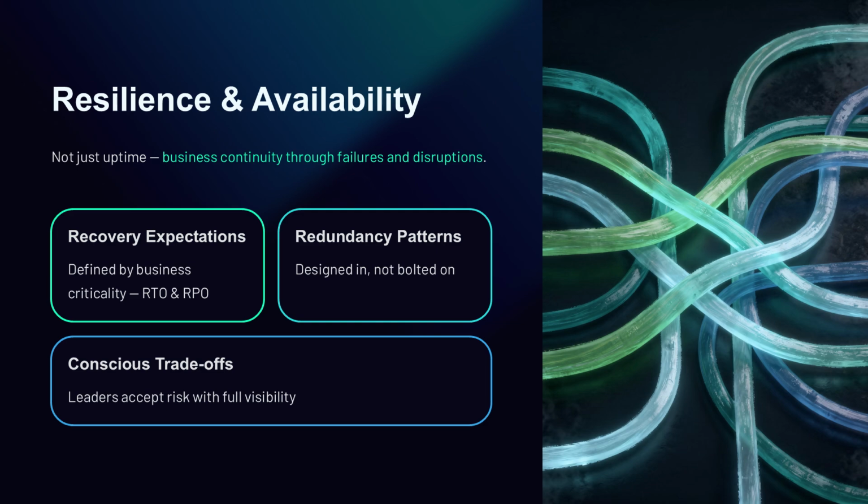You also define patterns that support resilience, such as redundancy approaches and operational readiness expectations. When resilience decisions are unclear, teams underdesign and the enterprise suffers incidents. When resilience decisions are clear, teams design with the right level of protection, and leaders can accept trade-offs consciously.